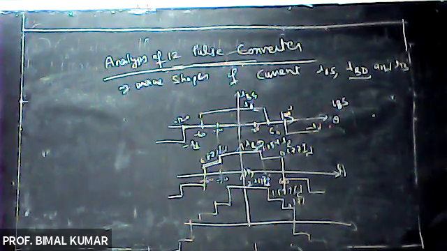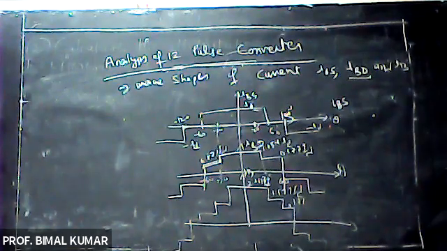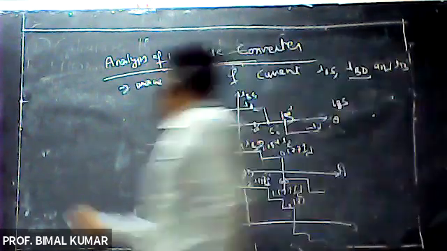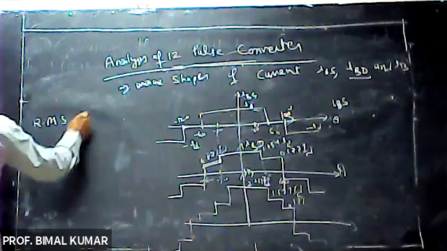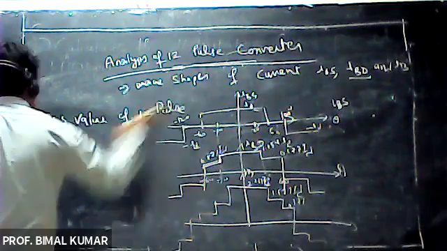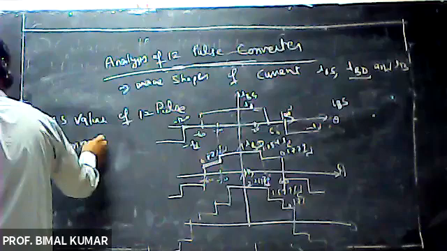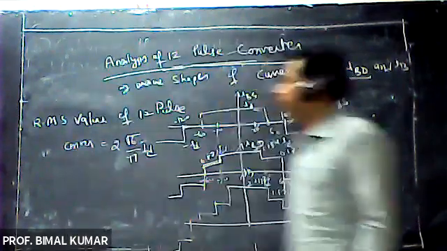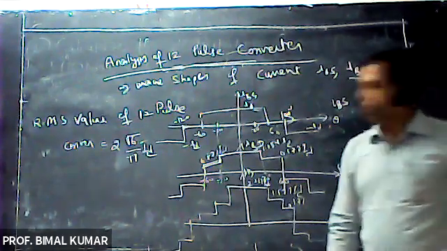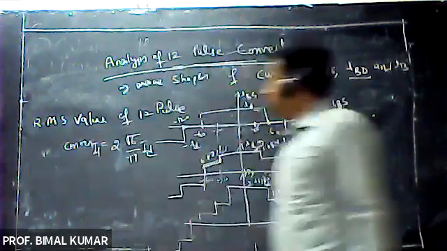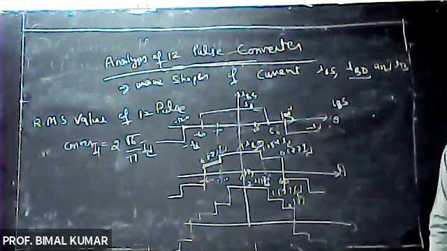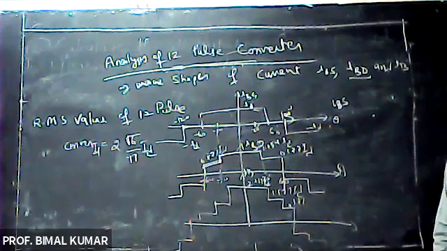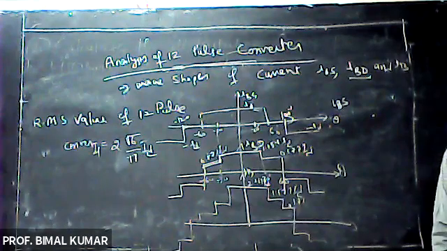Now, as far as the RMS value of the fundamental component is concerned, the RMS value of the fundamental component of supply current in 12 pulse converter will be given by I1 is equal to 2 under root 6 by pi ID, right?